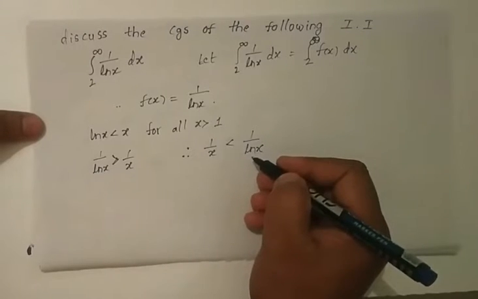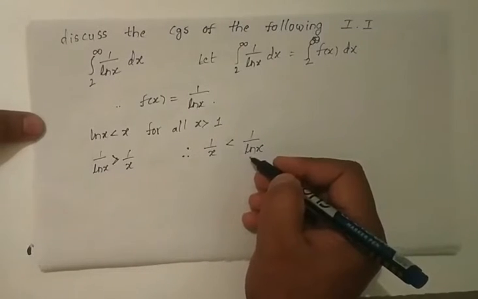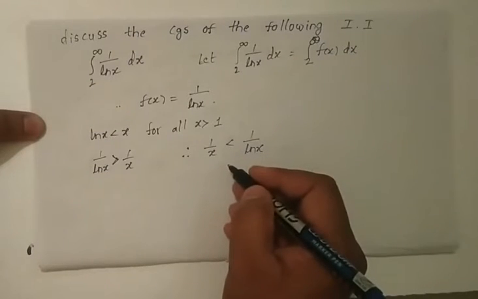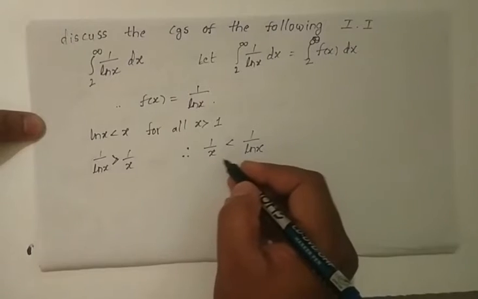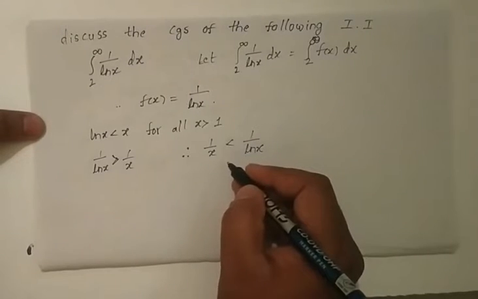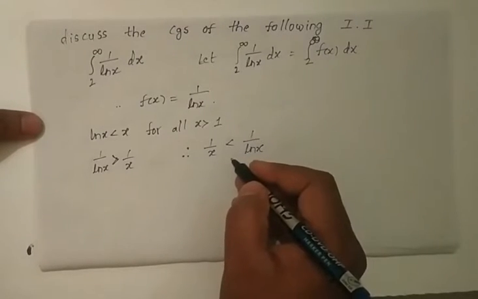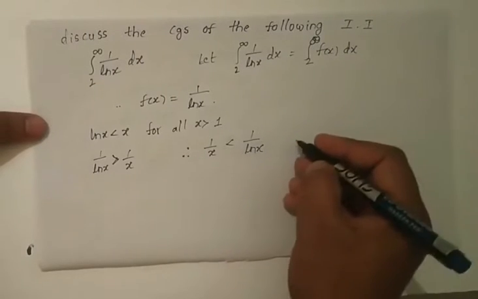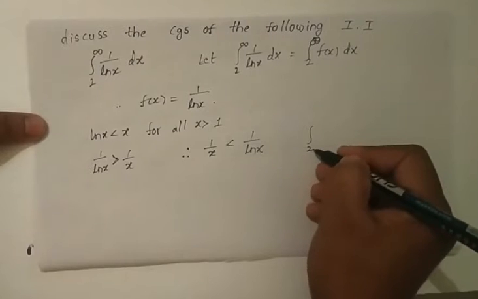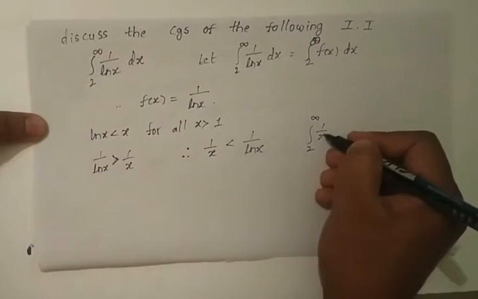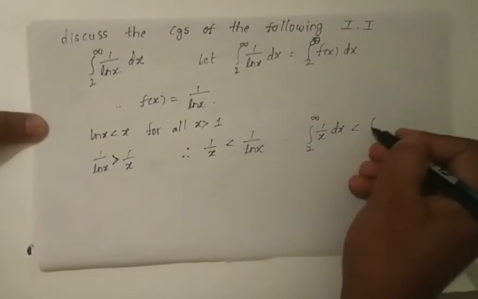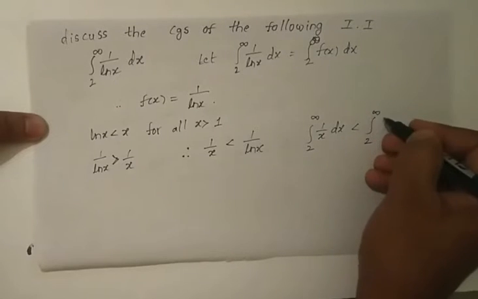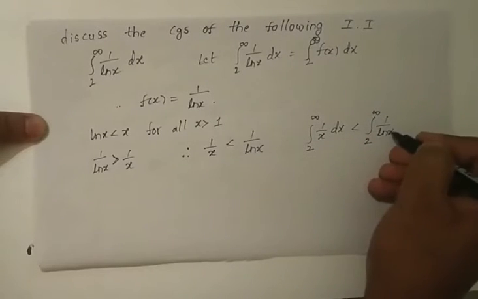Next, we have to apply the integral from 2 to infinity on both sides throughout this inequality. So here we get the integral from 2 to infinity of 1 by x dx less than the integral from 2 to infinity of 1 by ln x dx.